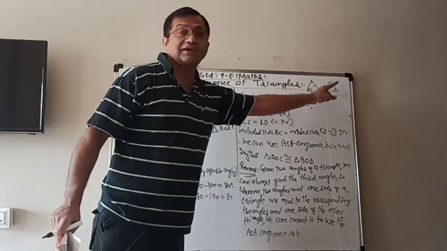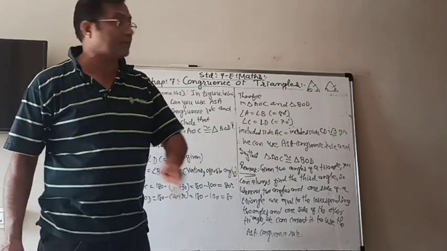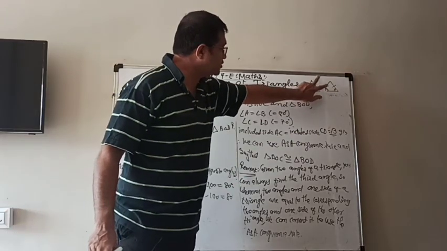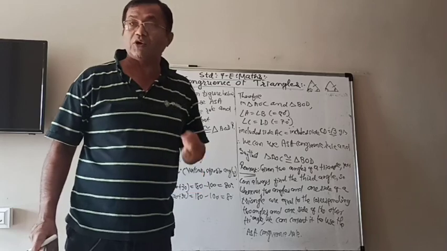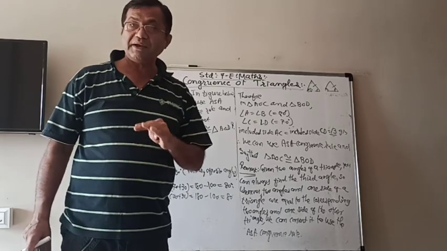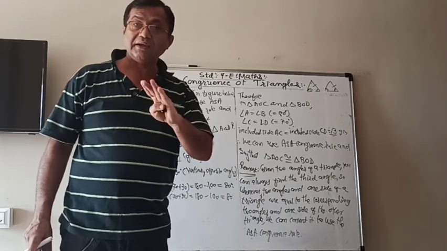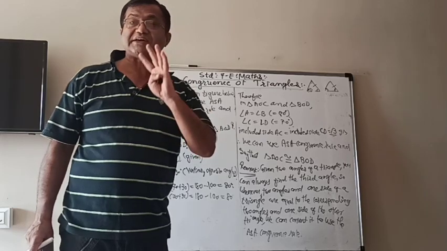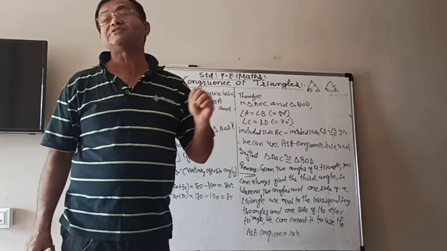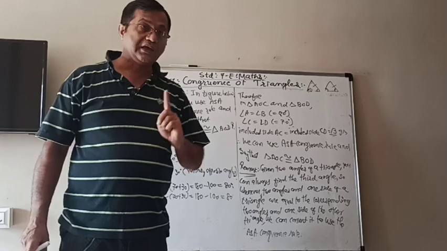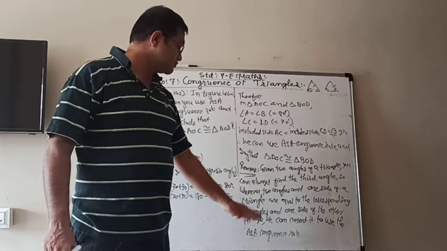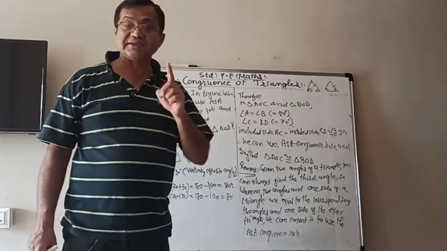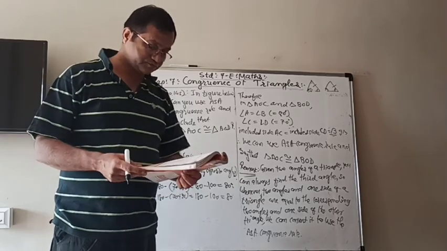Because the third angle we can find out by the angle sum property. So two angles and the included side will also be there. So it doesn't matter, but only the corresponding sides and corresponding angles must be congruent. And then by converting them, we can use that as a congruence rule.